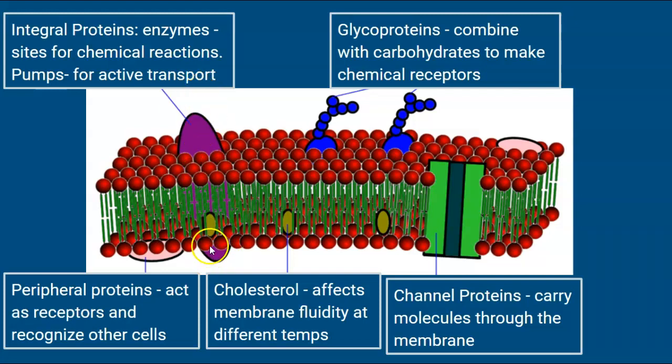to be in balance. These blue structures are glycoproteins. They combine with carbohydrates to make chemical receptors. So this helps with recognizing other cells or other structures around them. This green and dark green protein is called a channel protein.